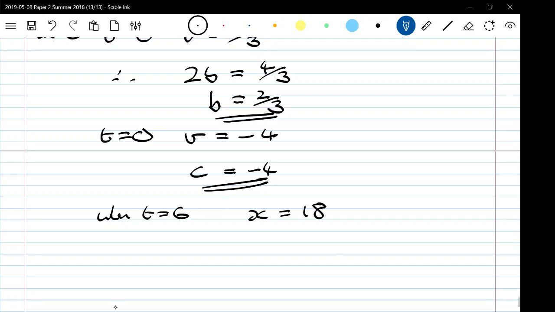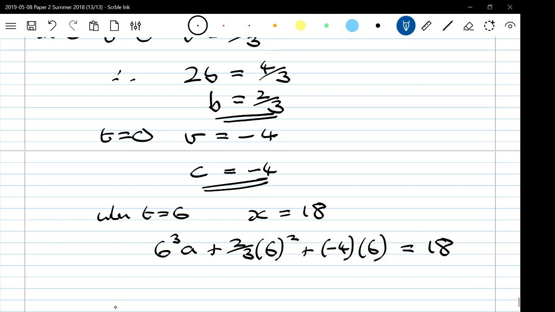So that means that 6 cubed times a plus b times 6 squared, that's bt squared, plus c times t gives me an answer of 18. 6 cubed is 216. I've then got, what's that going to be?